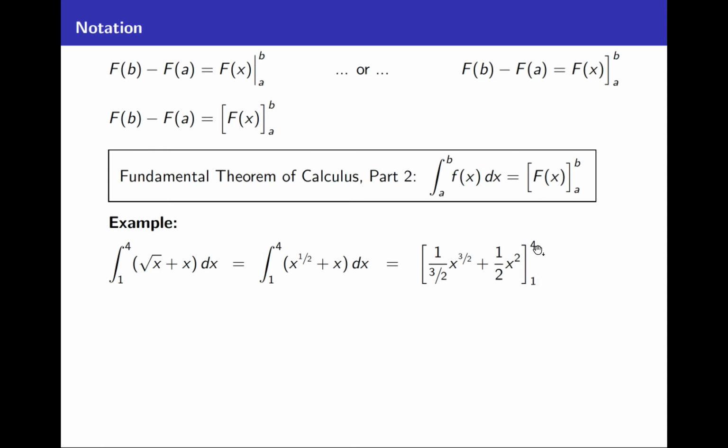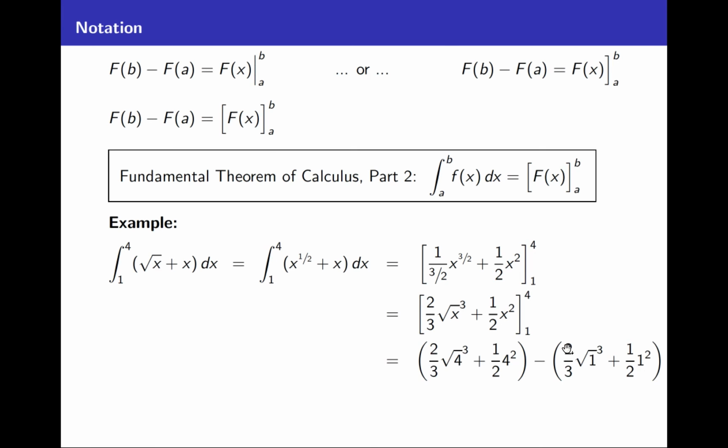And we're going from 1 to 4. So we plug in 4 wherever we see an x, and then subtract off what we get when we plug in 1 for each of the x's. And since we're going to be plugging in numbers, it's convenient to revert back to radicals. So this x to the power of 3/2, let's make that square root of x cubed. And now we plug in a 4 for the x's, here and here, and subtract off what we get when we plug in a 1 for the x's there.